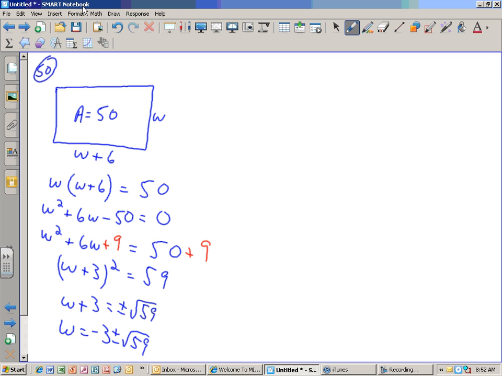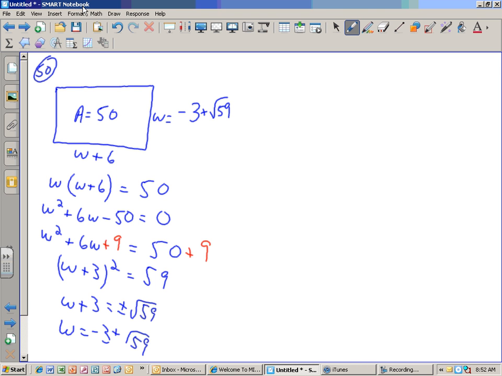Now the width cannot be negative 3 minus the square root of 59, because that'll give you a negative number. And we can't have a negative width. So the negative on the plus or minus doesn't even come into play. So the width is negative 3 plus the square root of 59.